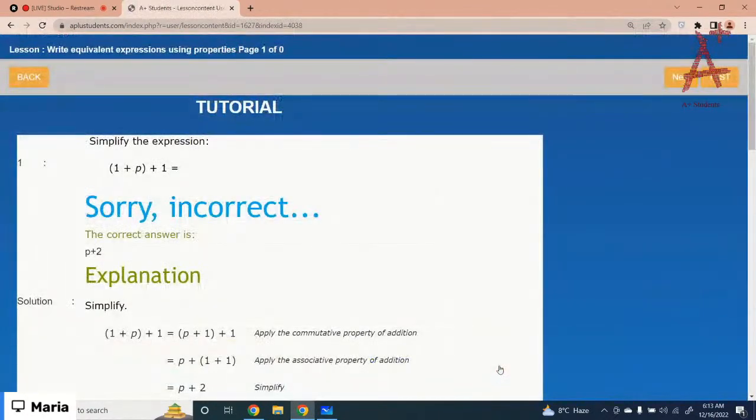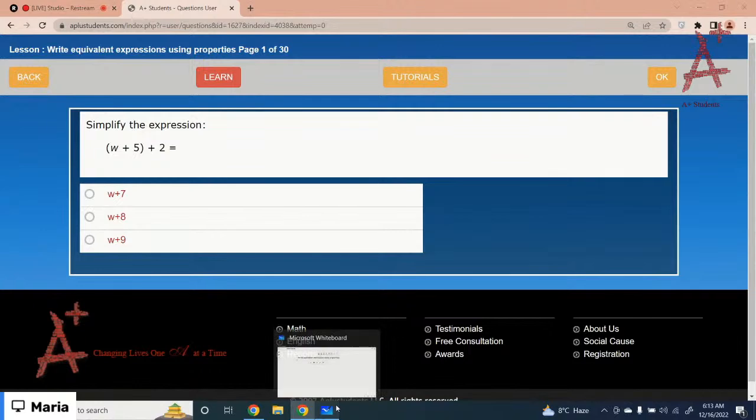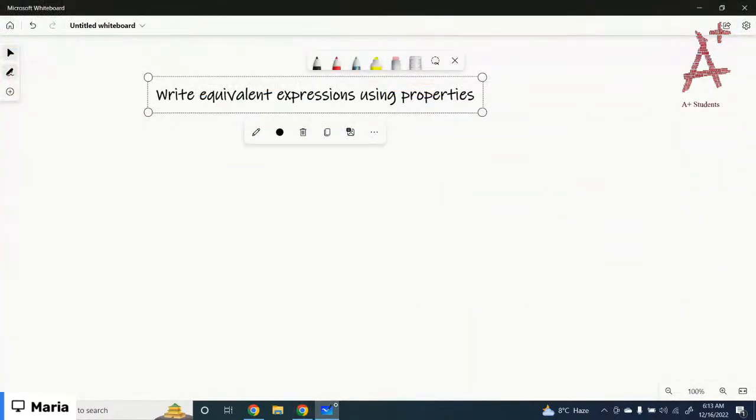Okay, let's just start with the test questions. Okay, w plus 5 plus 2. You have to apply the different properties. Got it?